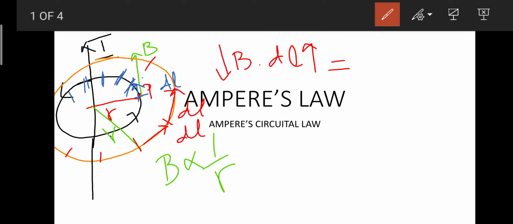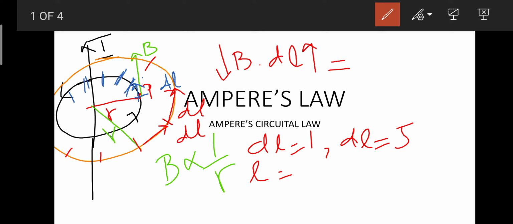So the product of B dot dl, 500 into 2, would again become 1000.